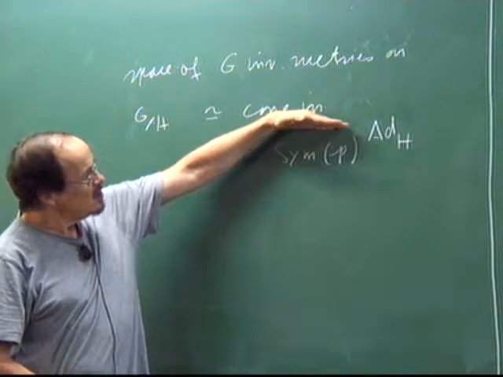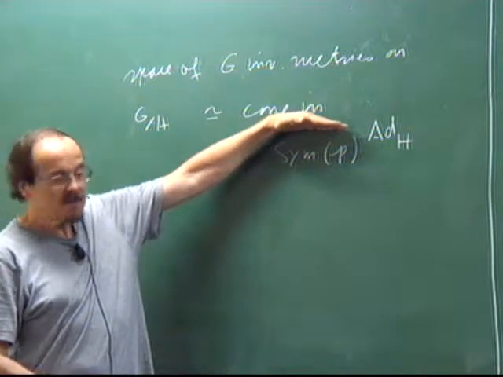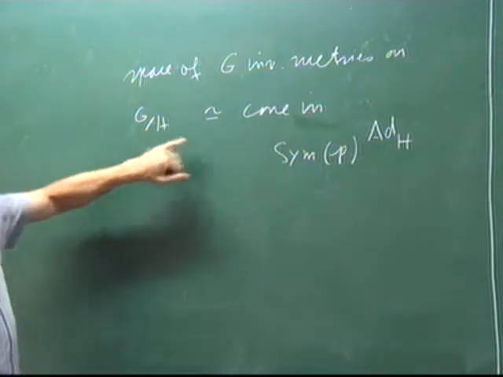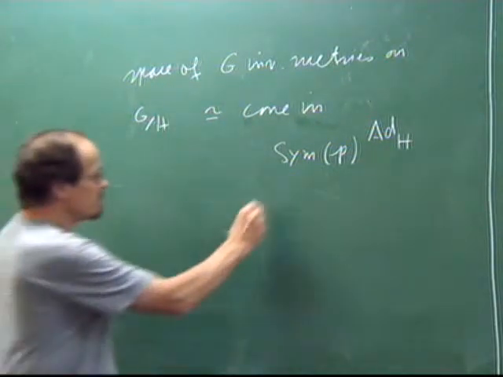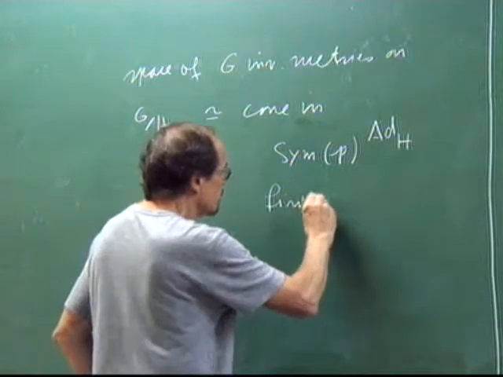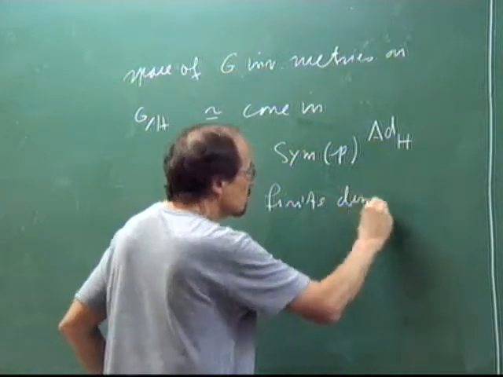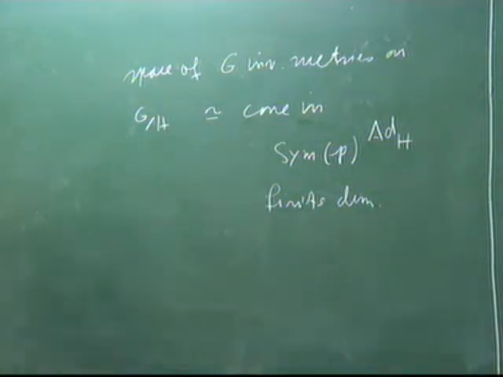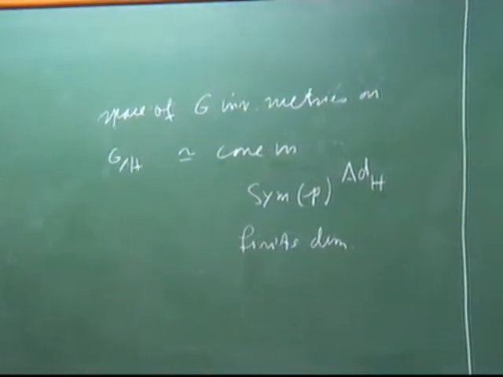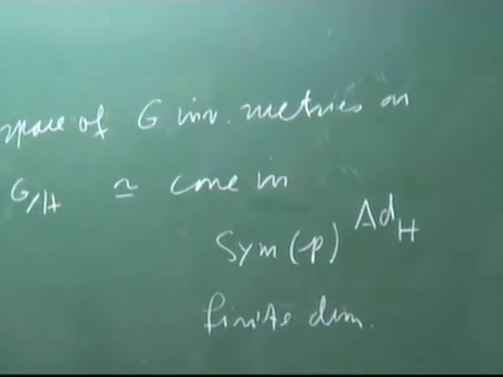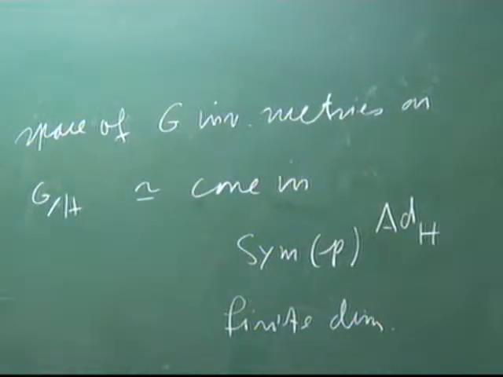But now I have an additional condition, it must be an inner product, positive definite. That makes it into a cone inside this vector space. In particular it's finite dimensional. And in fact, if one uses some representation theory, one can even describe the set of all possible inner products, which I don't want to do right now.